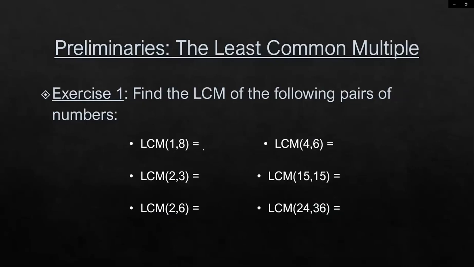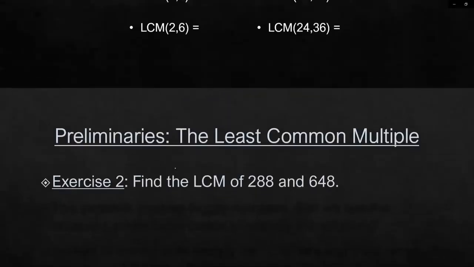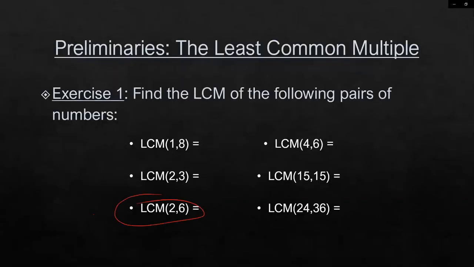Okay. So anybody want to help me with, let's say, this one? May I answer? Yes, for this one here. So for 2 and 6, the least common multiple would be 6, because when you multiply 2 by 3, you get 6, and that is the least common multiple that both numbers have.